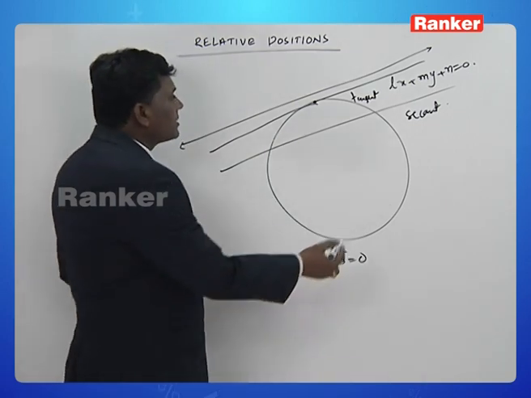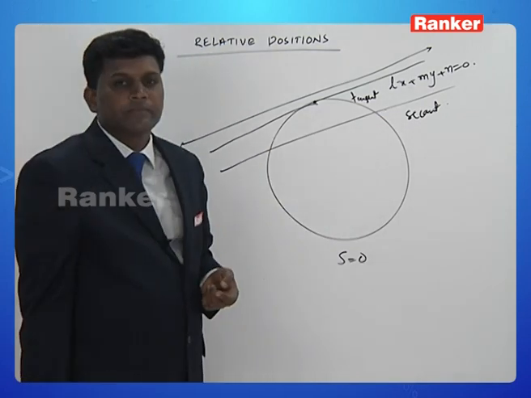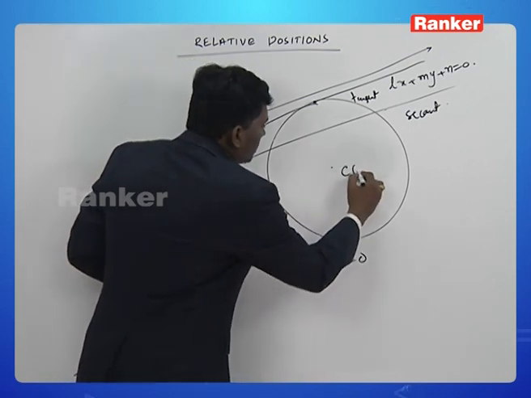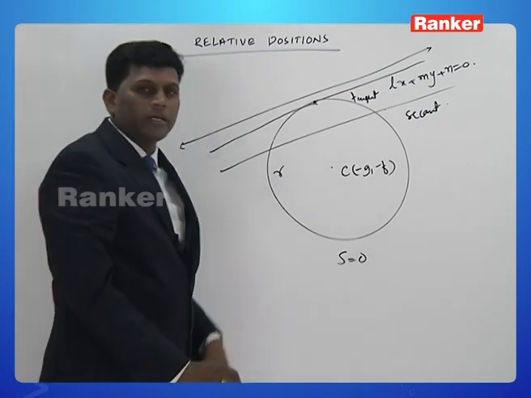How to decide the relative position of a straight line with respect to a circle? To observe this one, here we start with the center minus g comma minus f, and as usual take the radius as r.